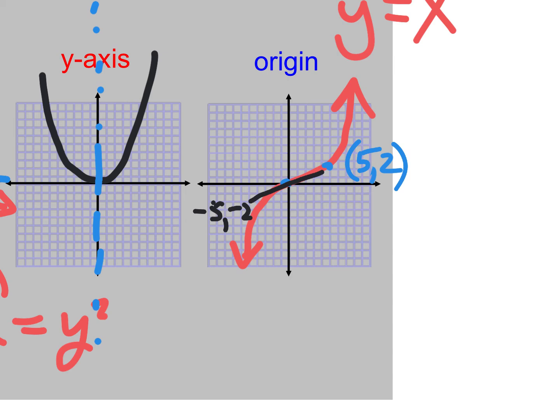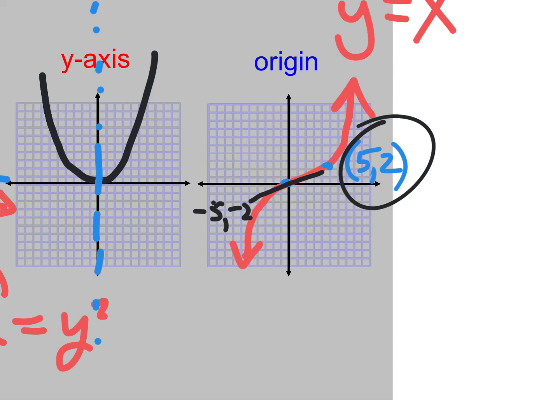Now, I didn't draw mine perfectly, but if it had perfect origin symmetry, if 5 comma 2 is on it, then -5, -2 has to be on it. You go right through the origin, and it takes both x and y numbers, and it makes them both negative.